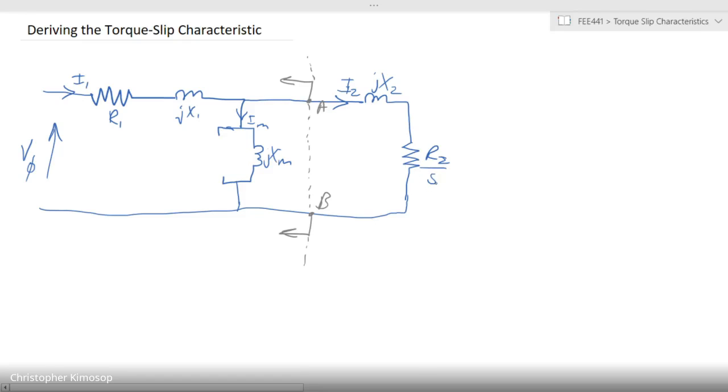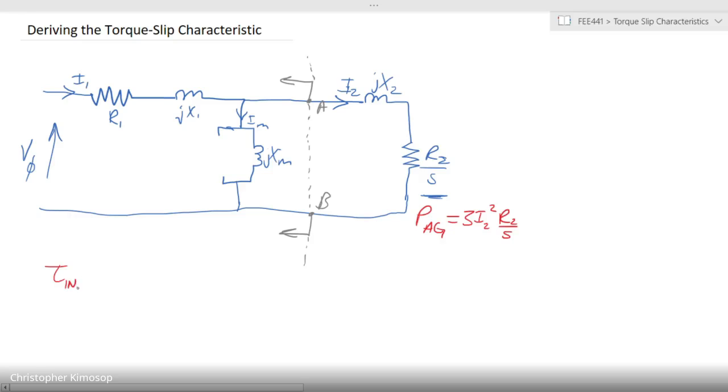So this particular element represented the air gap power, and it is equivalent to 3 times I2 squared R2 over S. This one we need to bear in mind. It becomes useful in a short while. And we are talking about torque in its relationship to slip.